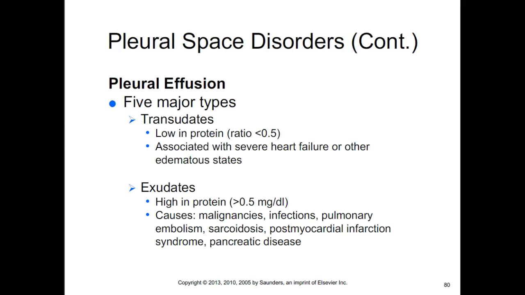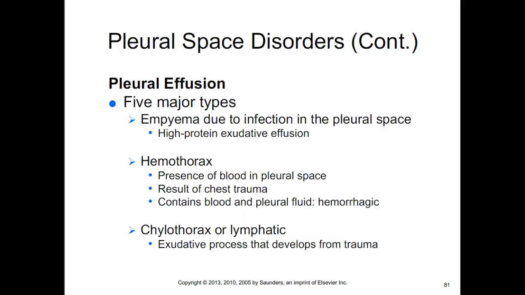So 5 major types: those that are transudates, very low in protein, right? So this is associated with severe heart failure or other types of edema. Exudates, which are high in protein, caused by malignancies, infections, pulmonary embolism, sarcoidosis, post-myocardial infarction syndrome, and pancreatic disease. You might see empyema, right, due to infections.